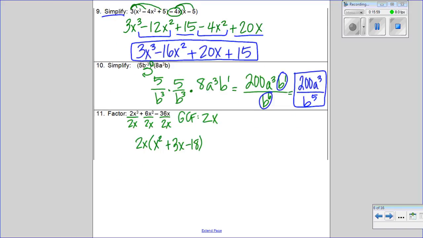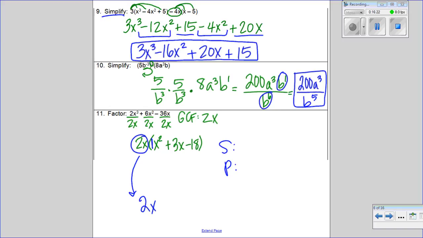Now, this inside part, to factor it, I have a 1 right in front of this x squared. So all I need to do is find the sum and product for the inside. Okay, my 2x, I don't have to worry about anymore. I'm just going to bring it down to my answer spot, 2x, so I don't lose credit for missing that one or forget about it.